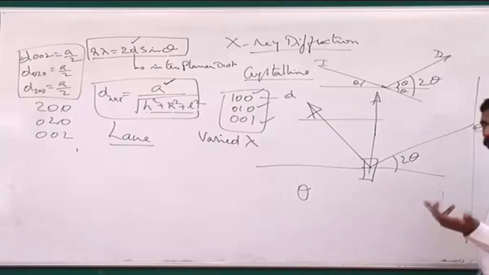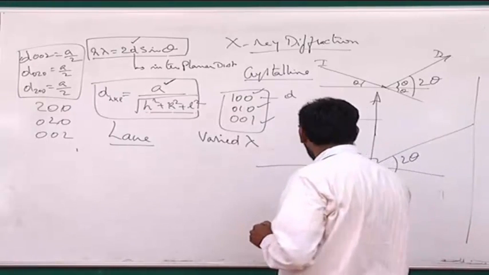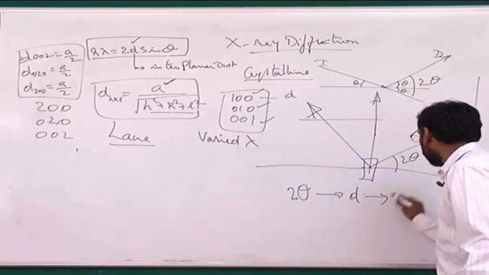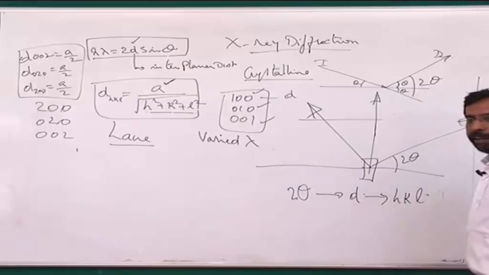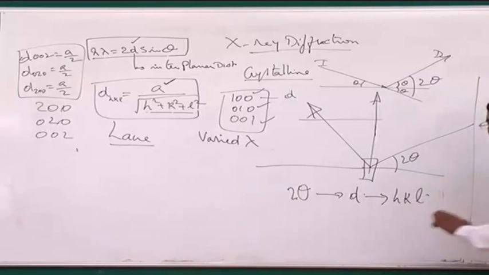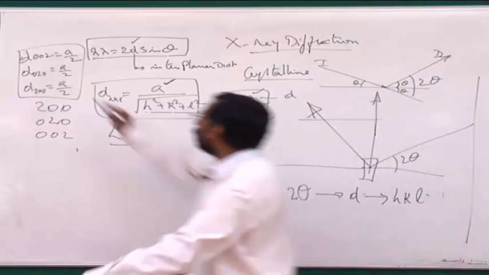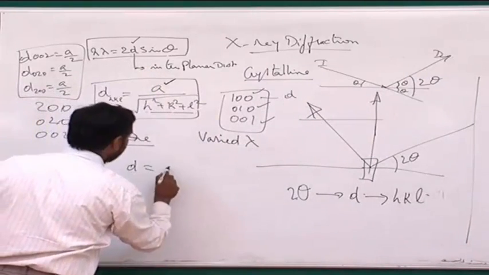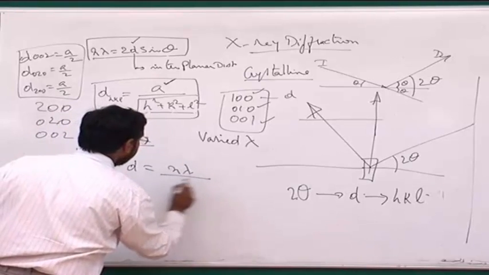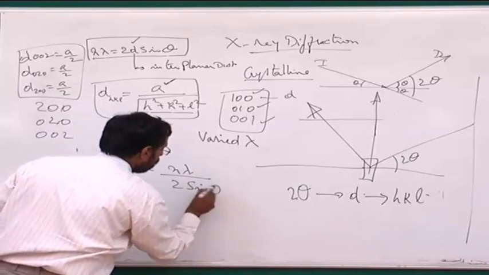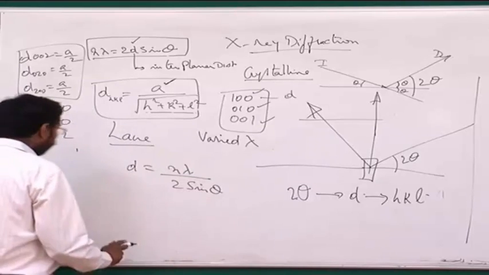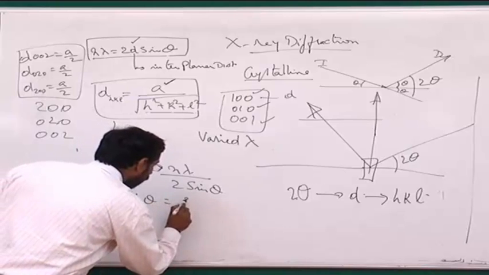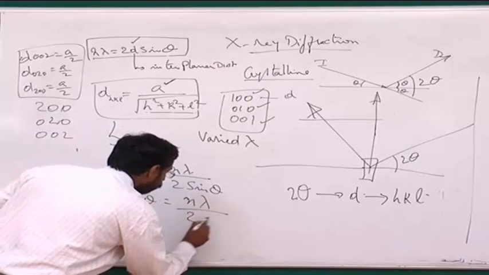How does this 2 theta come? This 2 theta is related to d, and the d is related to HKL, right? So depending on what HKL I am seeing, can I not see here the d and theta? Because d I can write as n lambda by 2 sin theta, or I will do the reverse, sin theta is equal to n lambda by 2d.